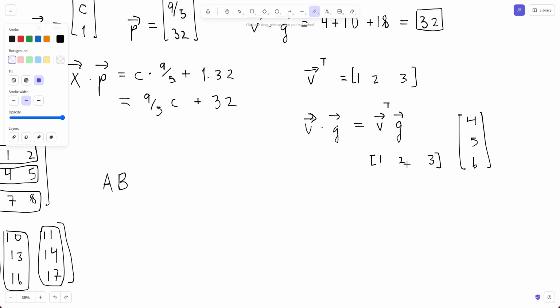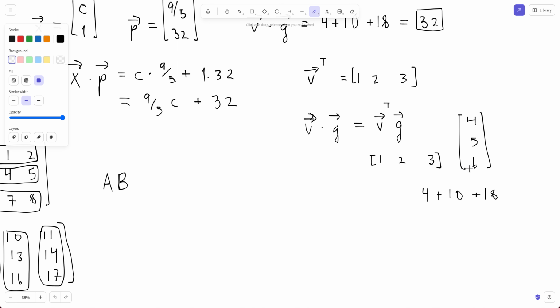But in this case, instead of multiplying term by term as if they were both column vectors, you just look at the index in the row vector. So in the first index we have the value 1, and then we have the value 4 in the first position of the right vector. You multiply those and then just walk through and do the same thing for the other values. So 2 times 5, 10, 3 times 6, 18, and add the results up.